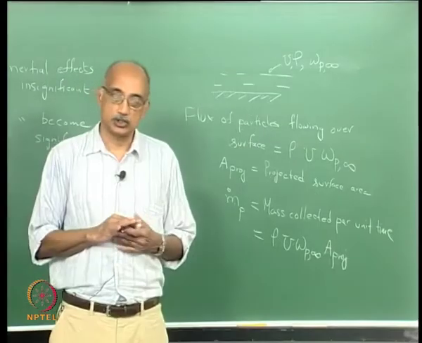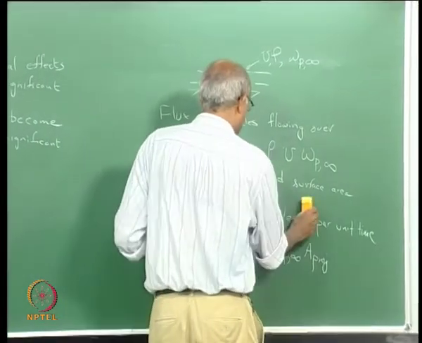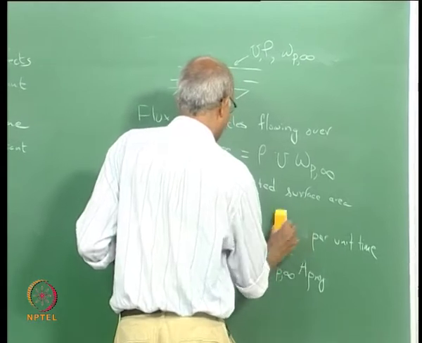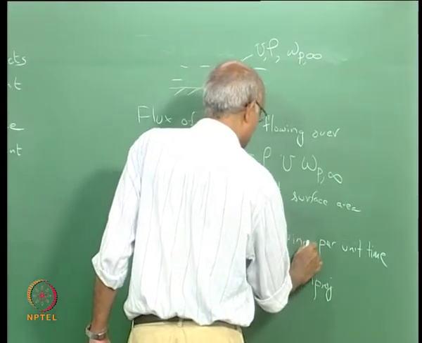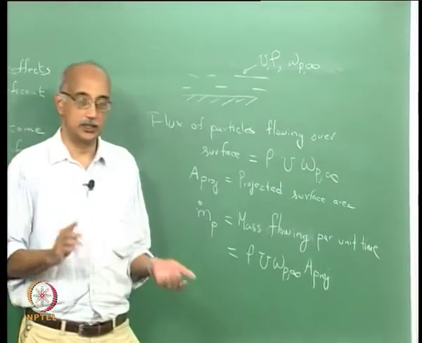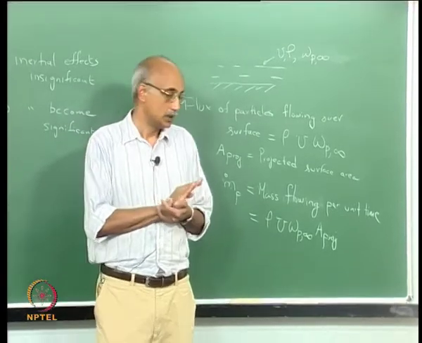So, sorry, this is not the mass collected per unit time, this is mass flowing across the surface. This is the mass of material flowing across the surface per unit time.